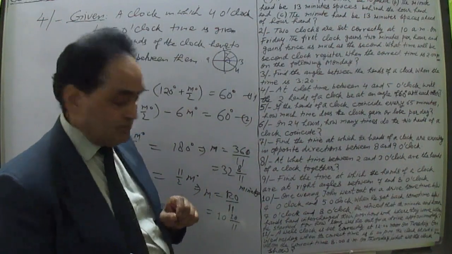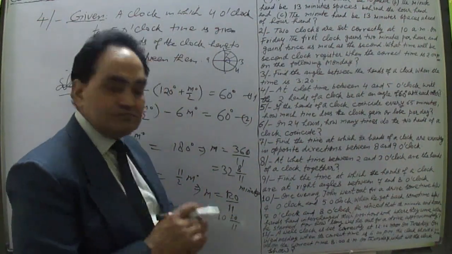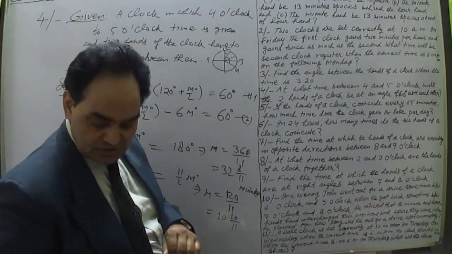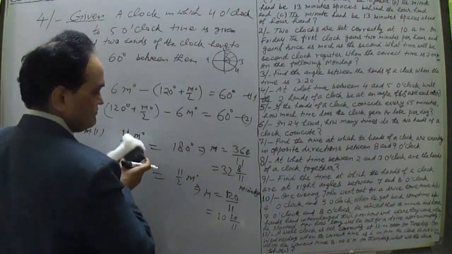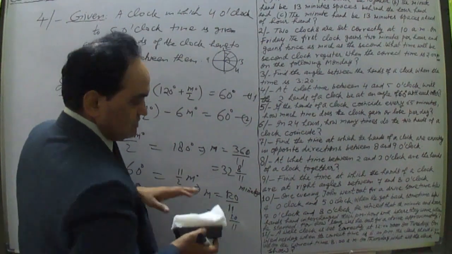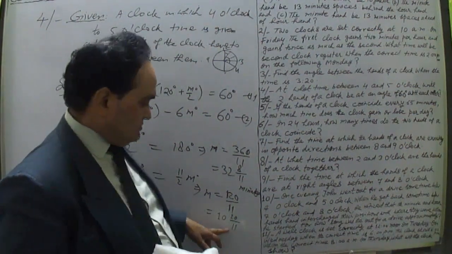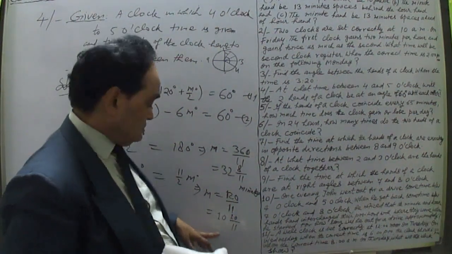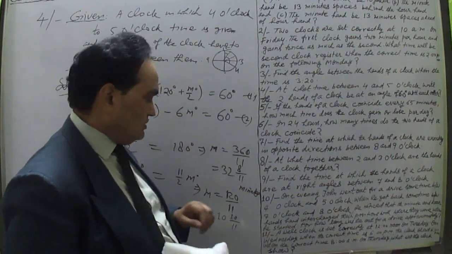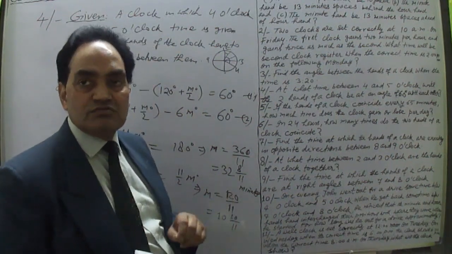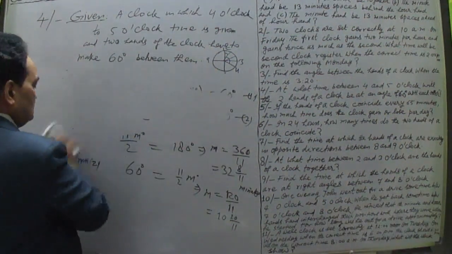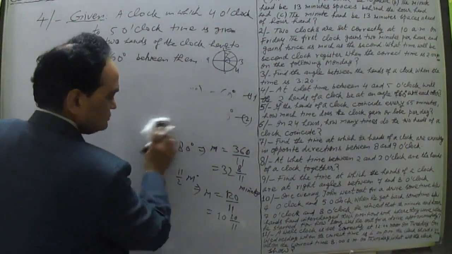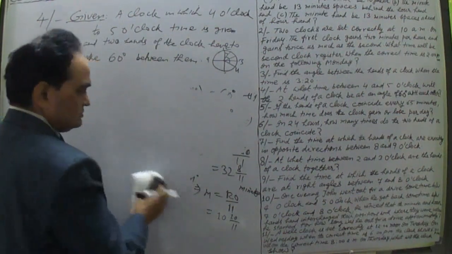Now try to understand. This 10 and 10 upon 11 can be taken to the minute hand. So the difference will be that at what time. This 10 and 10 upon 11 is after the hour. After the hour, that means 4 hours. Let me take these two values, 32 and this.